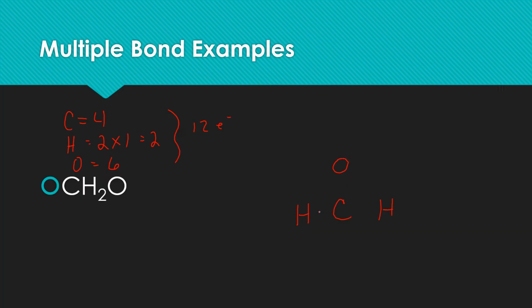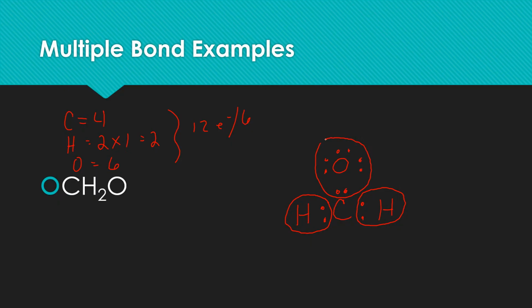First things first, make the bonds. 1, 2, 3, 4, 5, 6. So we've used 6 of the 12 electrons. We have 6 left. Now we need to fill up the outside. Well, let's start here. This right here is already good, and so is this. So let's fill up the top one. 1, 2, 3, 4, 5, 6. Now this one's good.